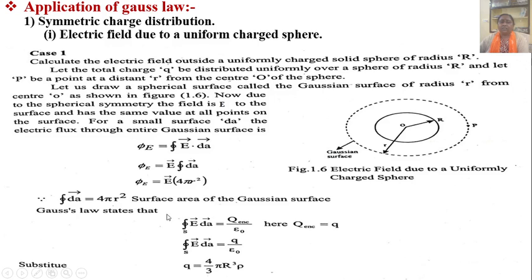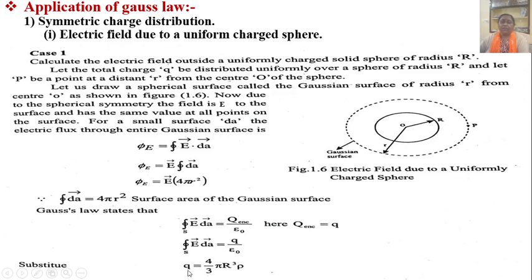Now, Gauss law states that closed integral over surface S of E into dA equal to Q enclosed upon epsilon 0, where Q enclosed equal to Q. Therefore, closed integral over surface S of E into dA equal to Q upon epsilon 0.